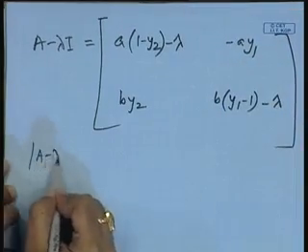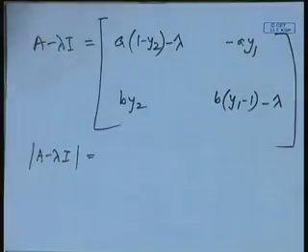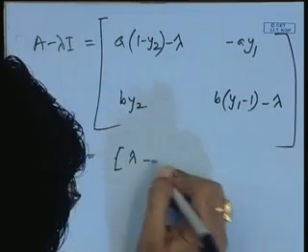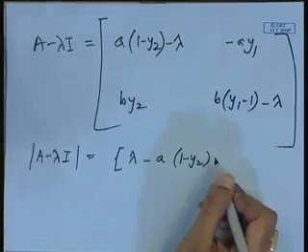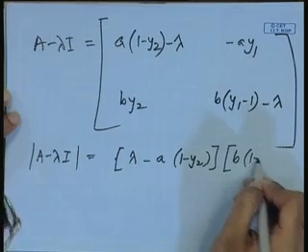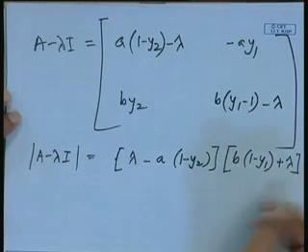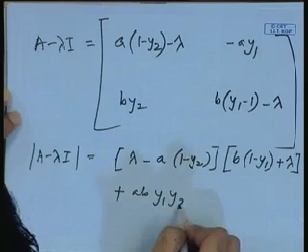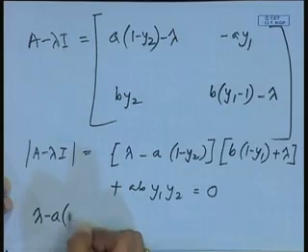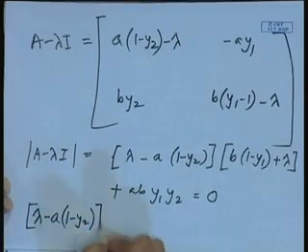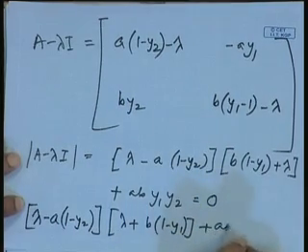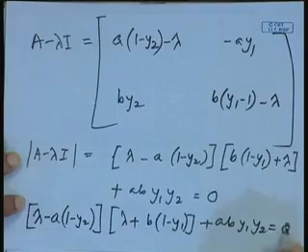The determinant of A minus lambda I equals the product of the diagonal, lambda minus A times 1 minus y2, times lambda plus B times 1 minus y1, plus AB y1 y2, equals 0.